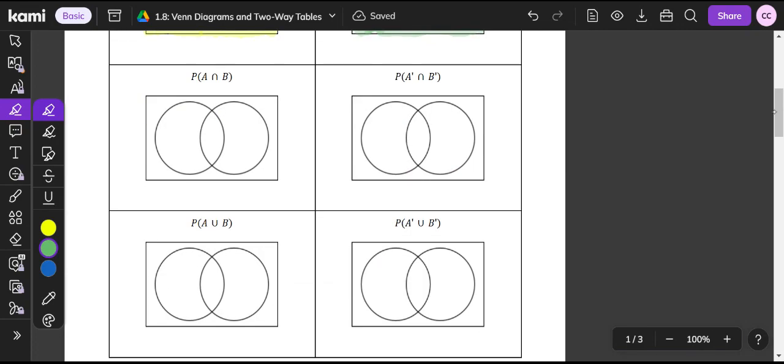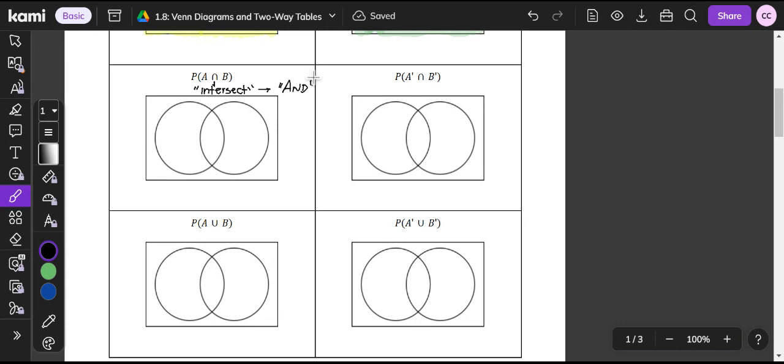All right. Now we got another weird new symbol. What if we talk about the probability of A intersect B? So this is intersect. And intersect just means and.